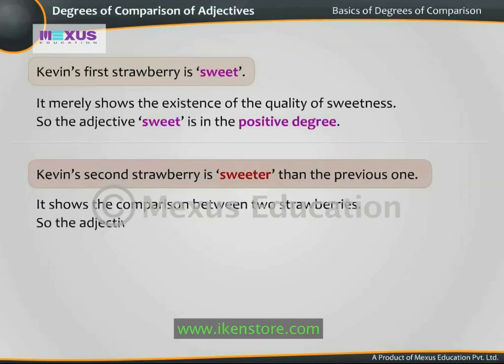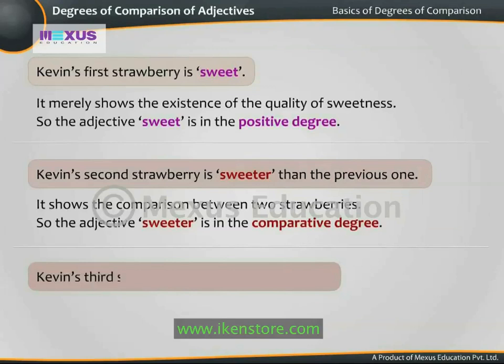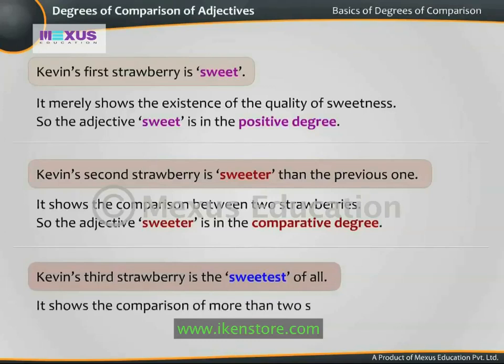So, the adjective sweeter is in the comparative degree. Kevin's third strawberry is the sweetest of all. It compares more than 2 strawberries. So, the adjective sweetest is in the superlative degree.